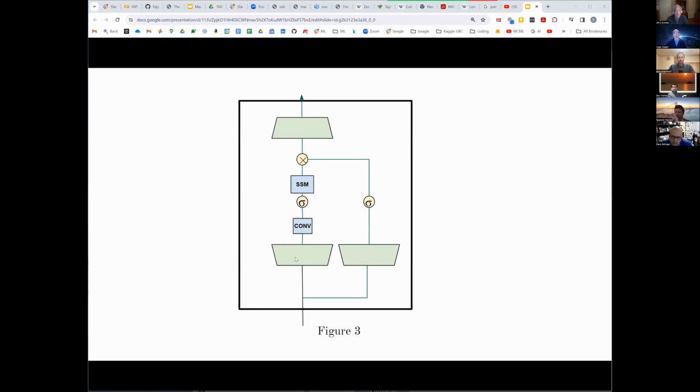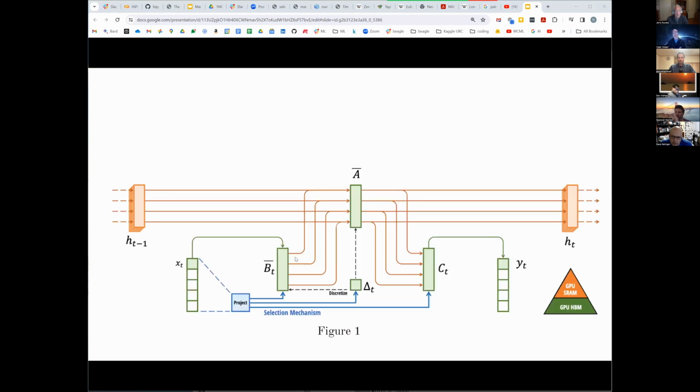The second diagram, we spent a little bit more time on. Ted had this up on the screen a few times. It showed, once we'd discretized the A and B matrices, how they fit into a state machine where you've got a prior state coming in, you're multiplying it by a state transition matrix, and you're adding in something from the input through the B matrix, and that gets added into the state.